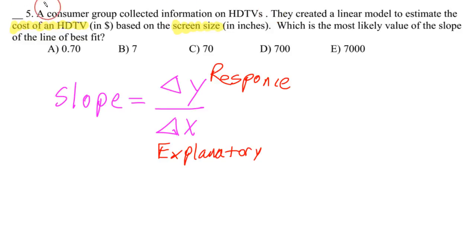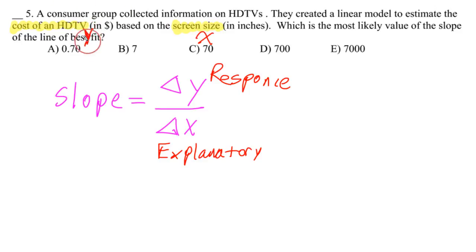Does the screen size depend on the cost? I don't think that's a strong argument. I think the stronger argument is that the cost depends on how big the TV is. So I'm willing to say that screen size is the x variable and that cost is the y variable.